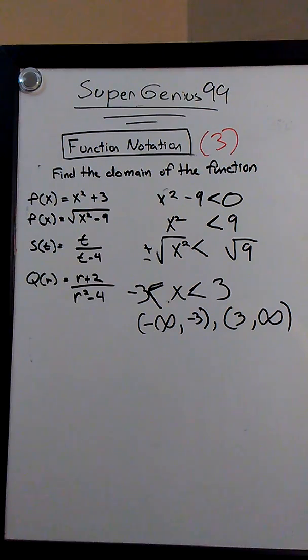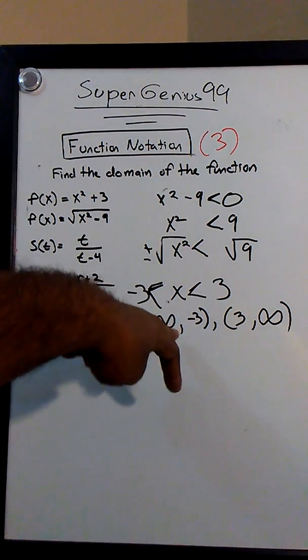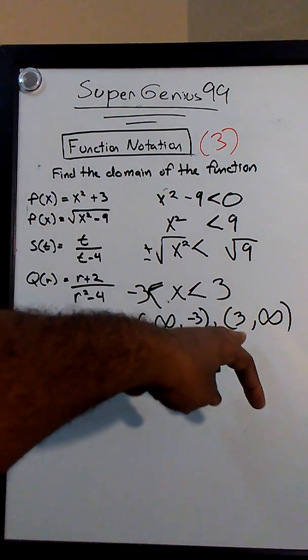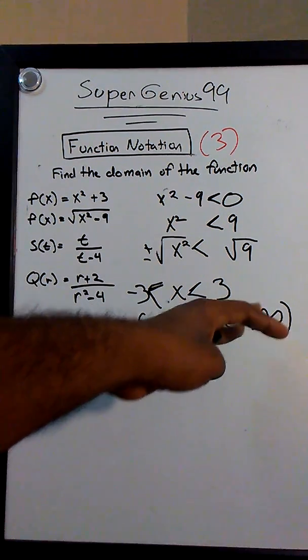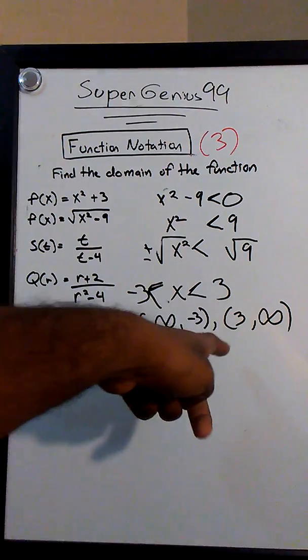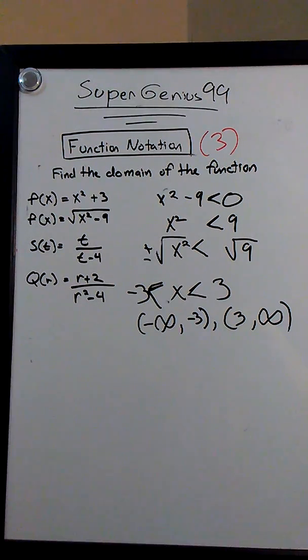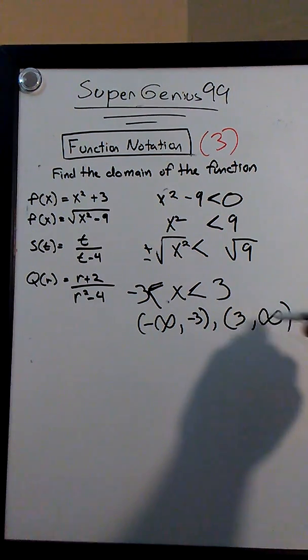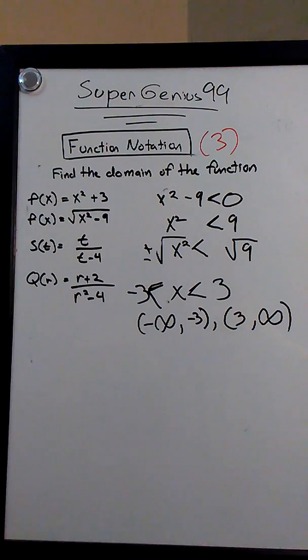So we can have negative 4, negative 5, negative 6, but not negative 3. Here we can have 3.1, 3.2, 5, 7, but we can't have a positive 3. So the domain for the square root of x squared minus 9 is negative infinity to negative 3, positive 3 to positive infinity.